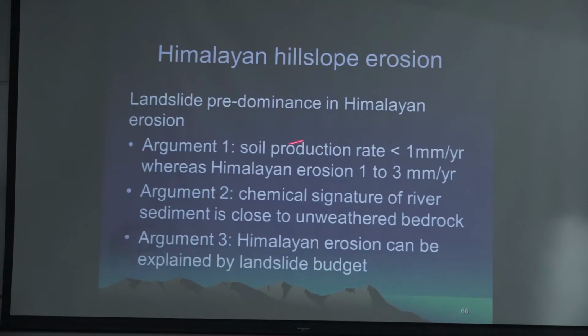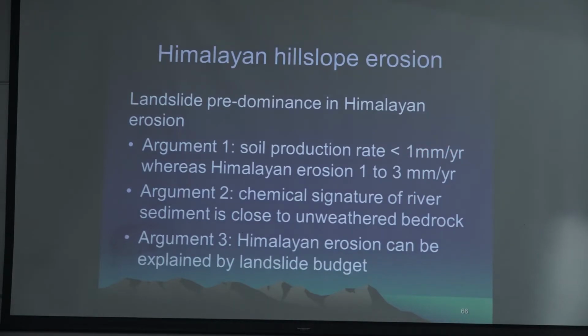In the Himalaya, what about the dominant erosional process? I already gave some hint about the issue on the previous day. We are mostly eroding the landscape by landslides. There are at least 3 arguments to say that. First one, we saw that the soil production rate worldwide is, in most cases, lower than 1 millimeter per year.